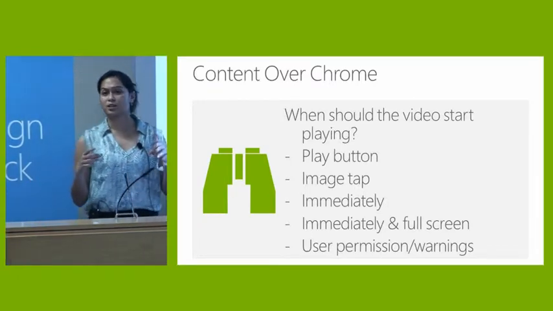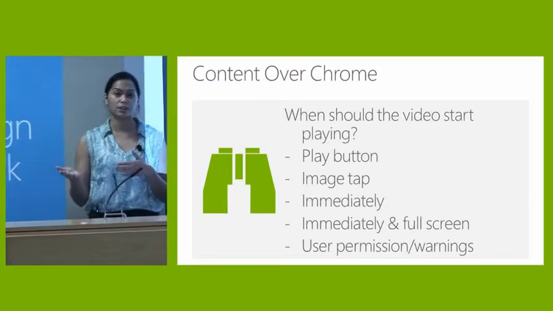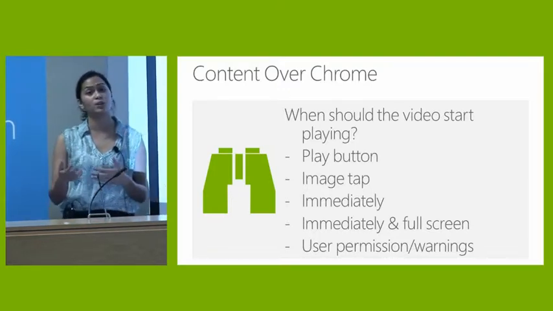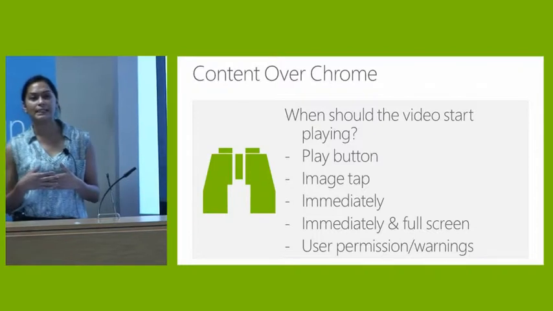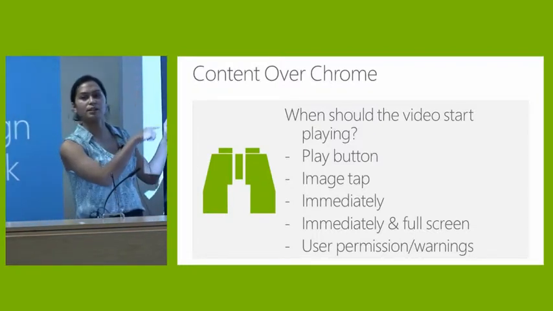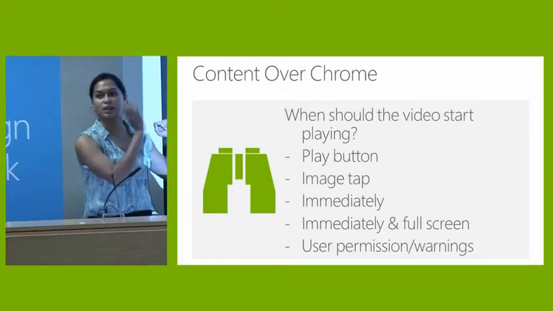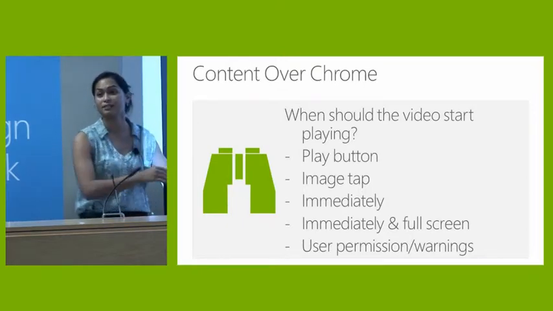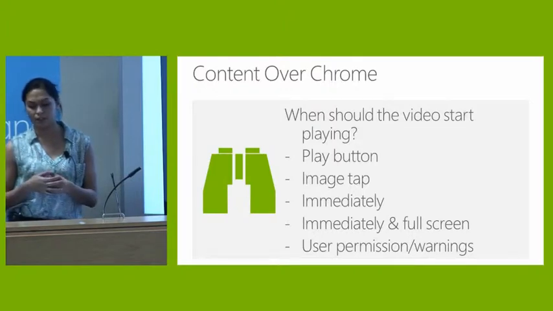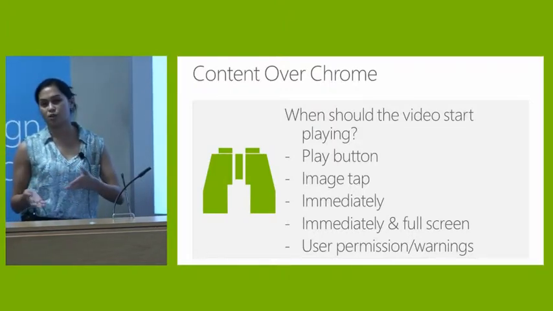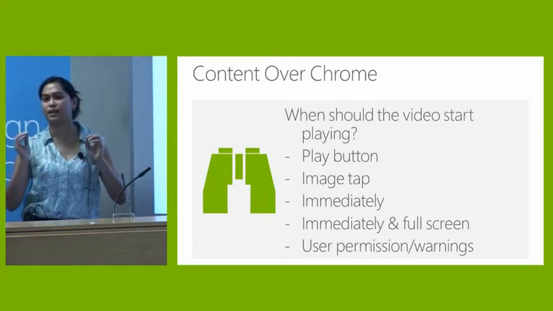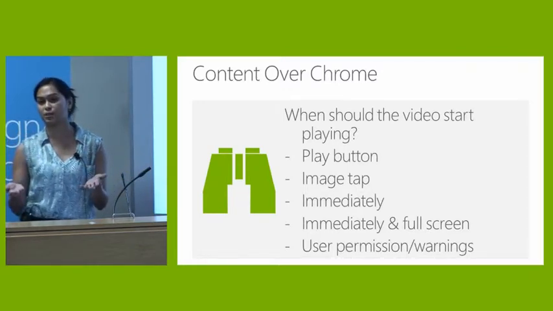I'm sure if you study a few different web video players or Windows 8 video players, you'll notice there's a common design where you'll see the player, but there'll be this play button overlay on top. So until you tap it, it doesn't actually start to play. Okay, so that's an option. The image tap, which is similar, so that you just see the image, which is a screenshot, and you tap it, and it'll actually start playing.